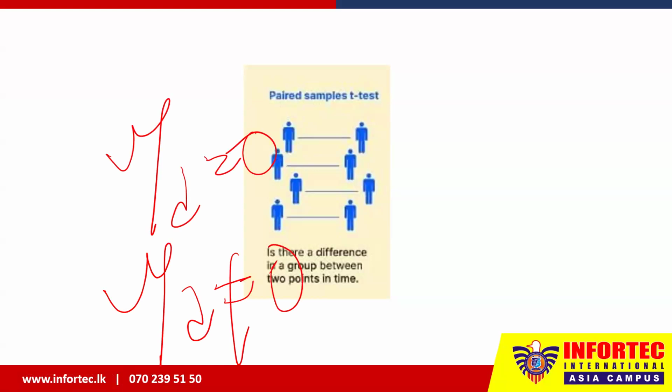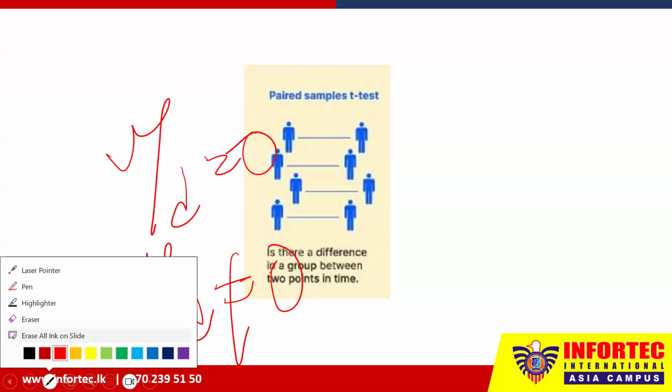You are comparing two groups, so mu d means the mean difference between the two groups is 0. It means there is no effect of that drug, and mu d unequal to 0 means there is an effect of that drug.